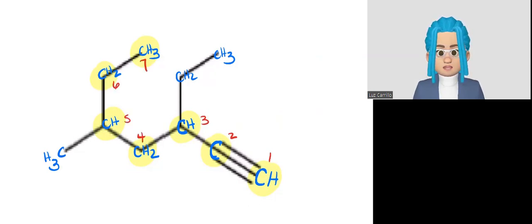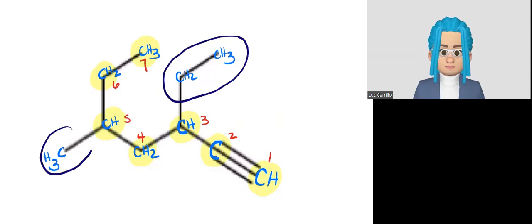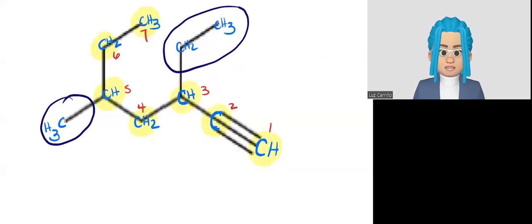In this molecule, we have 2 substituents. Since we have 7 carbons in our parent chain, we put the prefix hept-. Since this is an alkyne, this is heptyne.